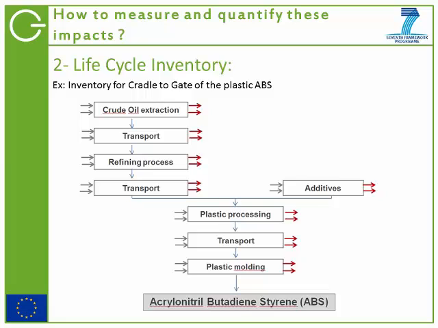This type of inventory is also used for the production of energy. For manufacturing processes, the inventories are called gate to gate and consider all the inputs and outputs needed to transform the components or semi-finished parts into the finished product.